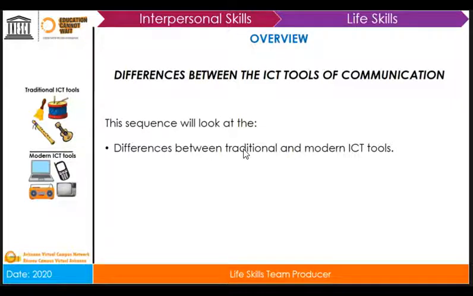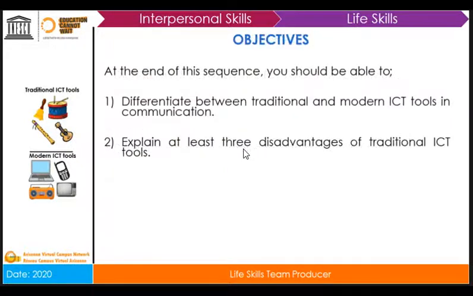In this sequence, we shall be looking at the differences between the traditional and modern ICT tools. Therefore, dear learner, at the end of this sequence, you should be able to: 1.